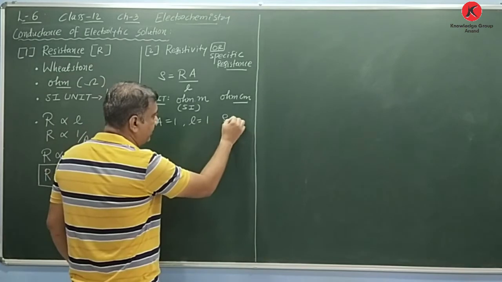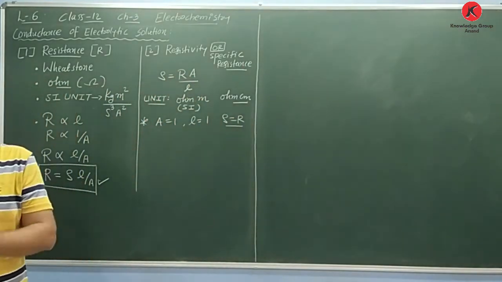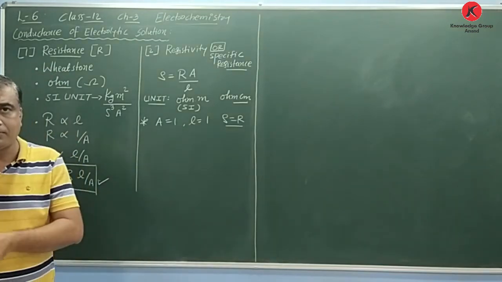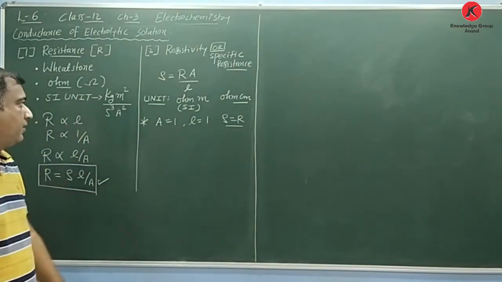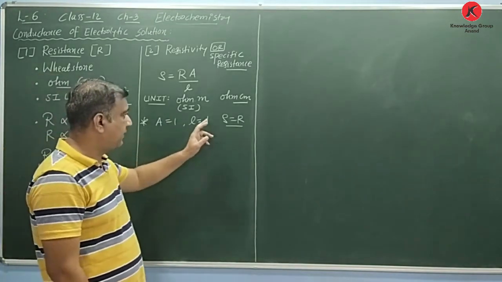At that time, rho becomes equal to R. That means resistivity is one type of resistance when the area is taken as 1 and length is taken as 1.